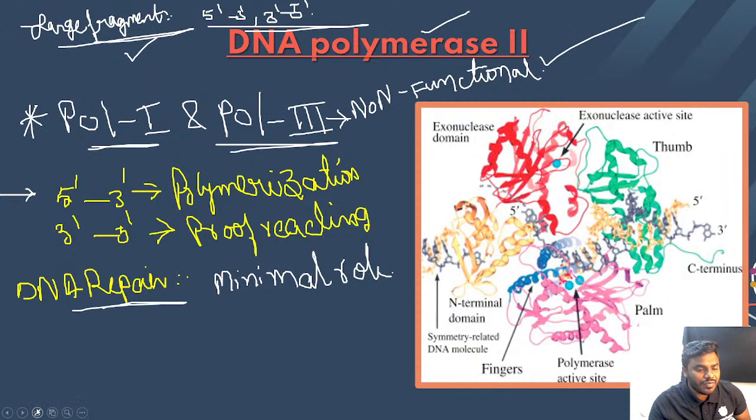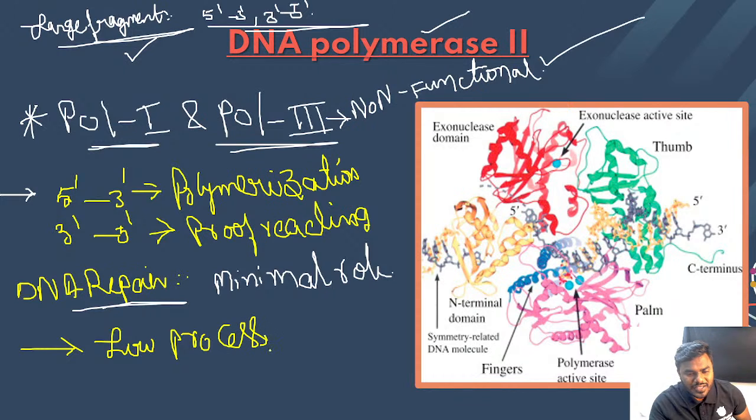And another very important point: the DNA polymerase 2 enzyme has a low processivity. Because of the low processivity, you never say DNA polymerase 2 is the major and principal enzyme. Please don't forget these statements at all.